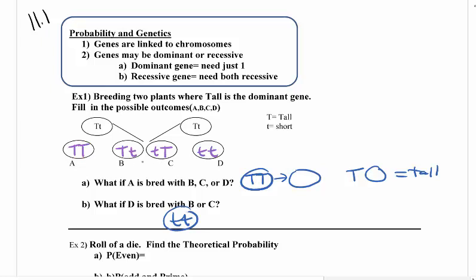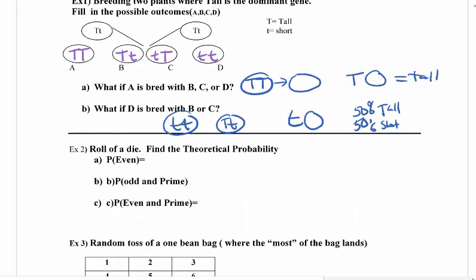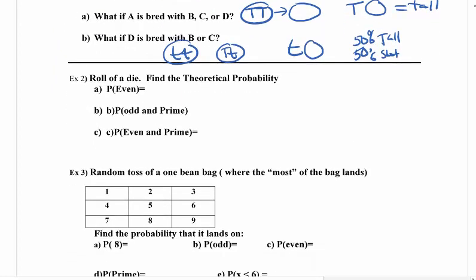If you look at B or C, it doesn't matter if it's a tall first or a short, you have a tall and a short in there. So in this case, you will always get a short from D, and you're going to have a 50-50 chance of getting the other. So we expect to get 50% tall and 50% short, because the second parent plant is going to give you 50% of the time a tall and 50% of the time a short.